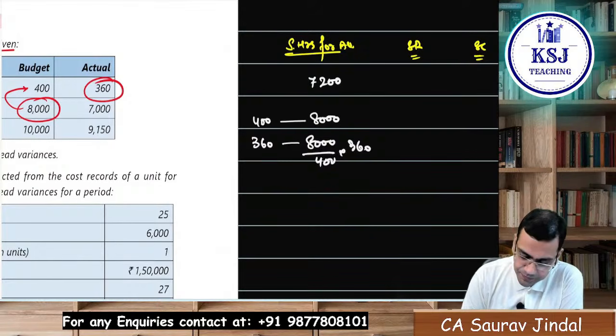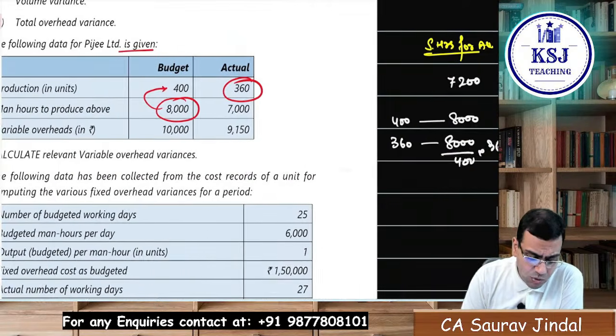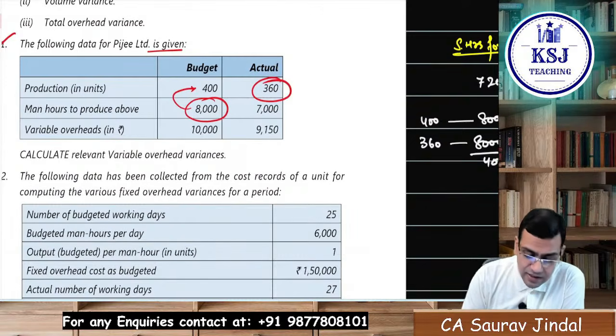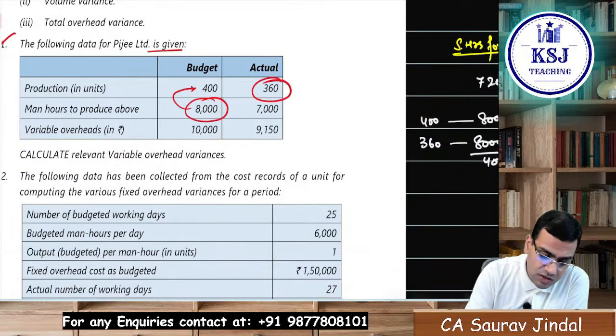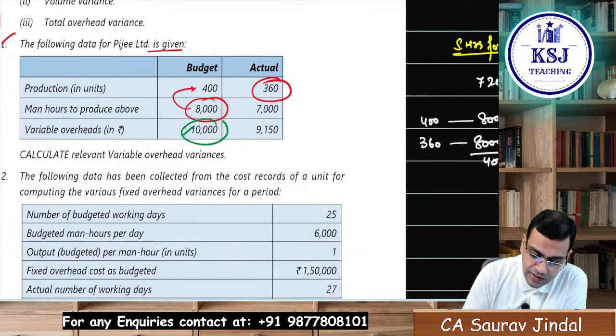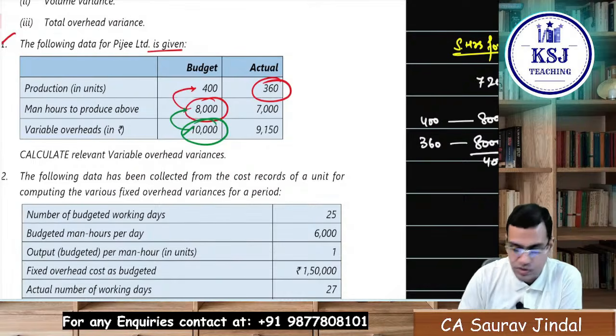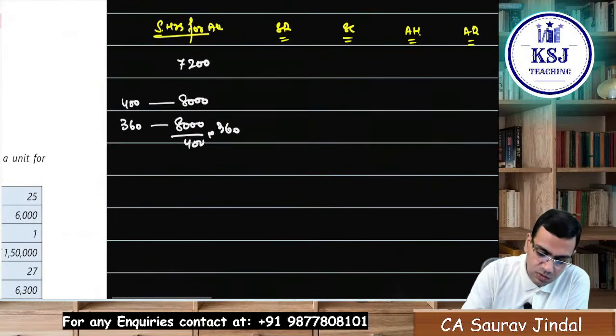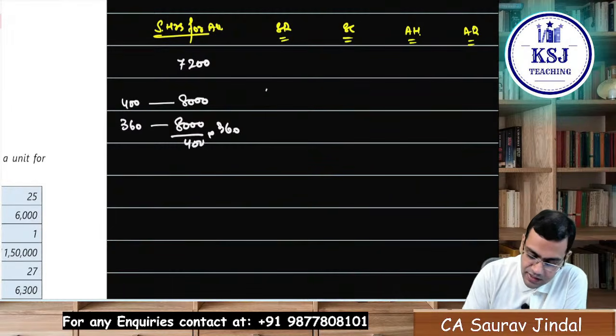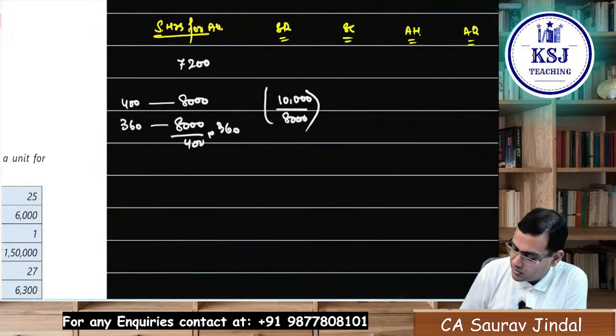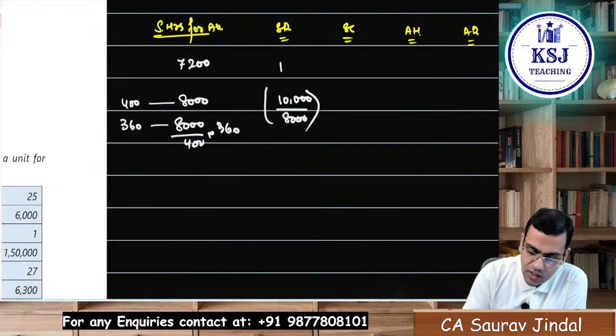Yes, Hari. Standard rate. Now what will be the standard rate? Standard rate will be the standard cost of 10,000 divided by 8,000, right? So that will give you the standard rate here, that is 10,000 standard cost divided by standard hours. 10,000 divided by 8,000, that is 1.25.